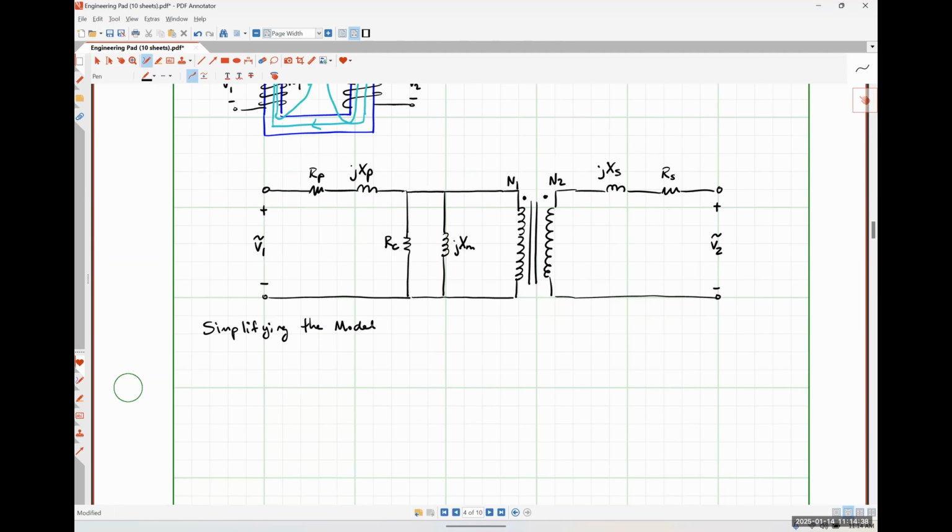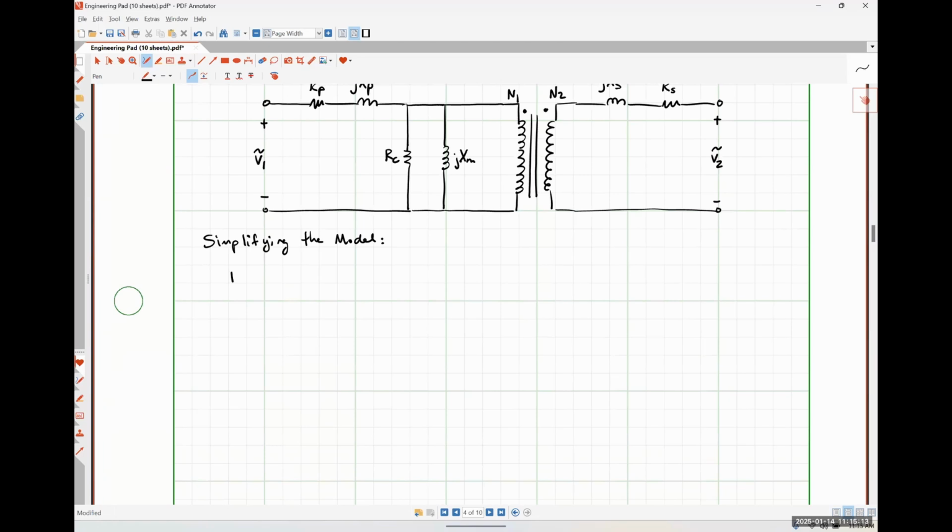We actually have a transformer in this thing, which can in and of itself be a little bit confusing. So one of the ways that we can simplify this model is by referring all of our impedances from the secondary side to the primary side, or vice versa, all of our impedances from the primary side to the secondary side. So I'm going to choose to refer my secondary impedances, these guys right here, over to the primary side of my transformer.